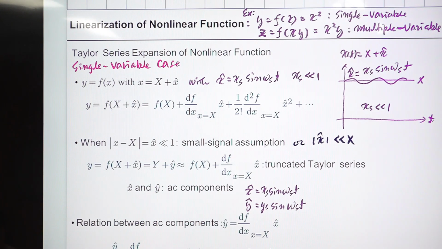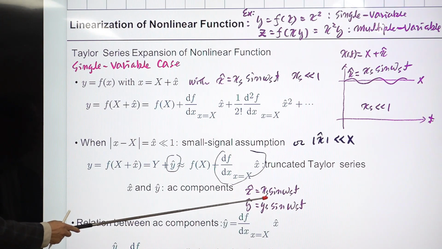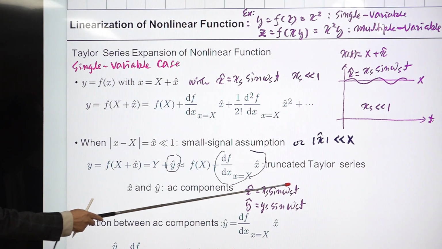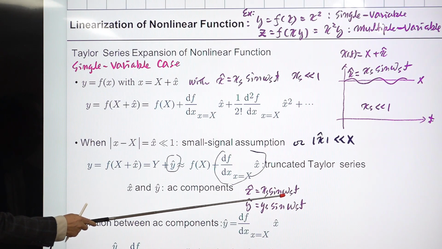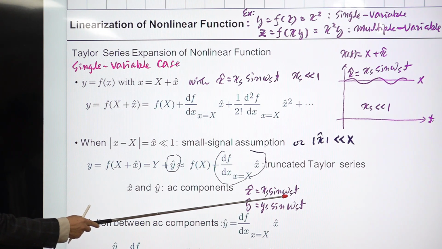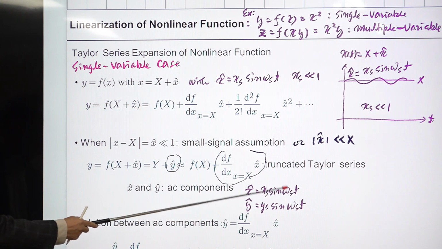Okay, we just find the relationship between this and this. Okay, just forget about this DC component. We are only interested in this AC component. Then x hat is this one. This is supposed to be sinusoidal, the frequency of the sinusoidal wave is omega s, and this remains the same.